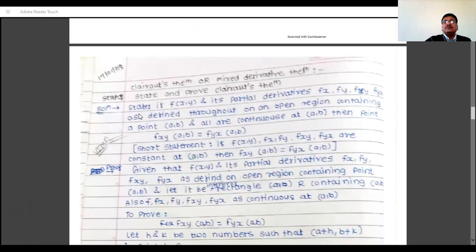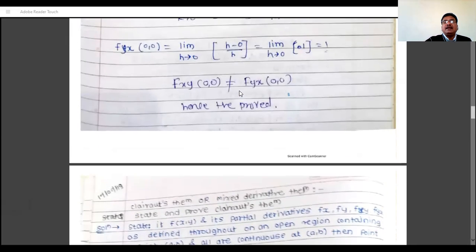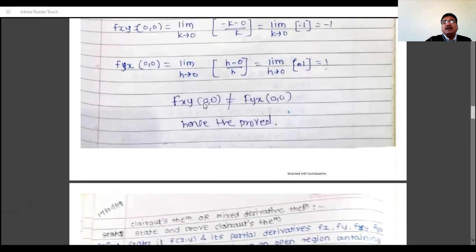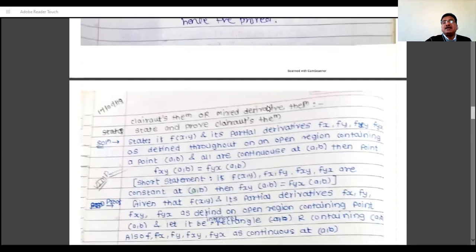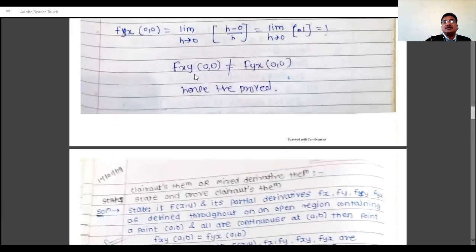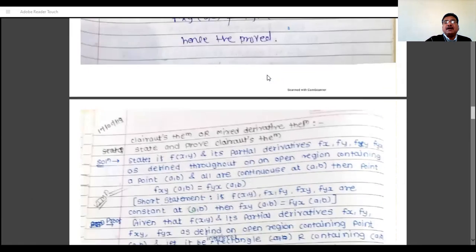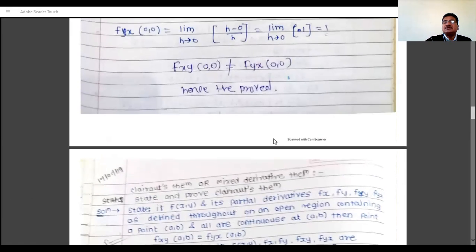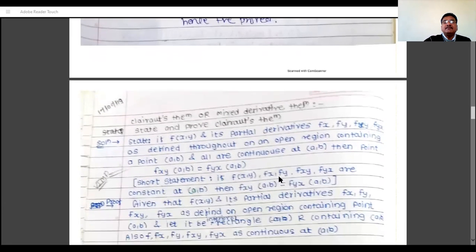Then comes the Clairaut theorem, that is, when these mixed derivatives fxy(a,b) and fyx(a,b) are the same. There are three theorems on this concept, for when fxy(a,b) and fyx(a,b), the mixed derivatives of second order, are equal: Clairaut's theorem, Schwarz's theorem, and Young's theorem.